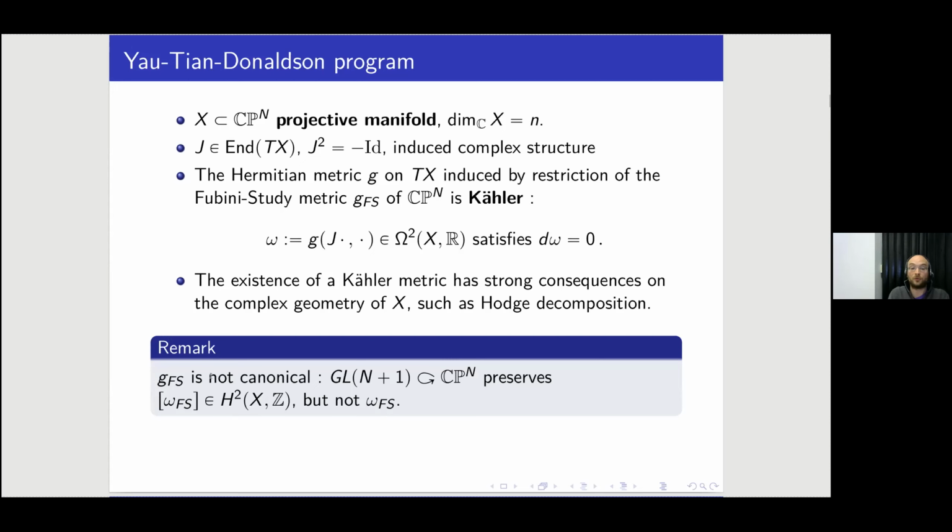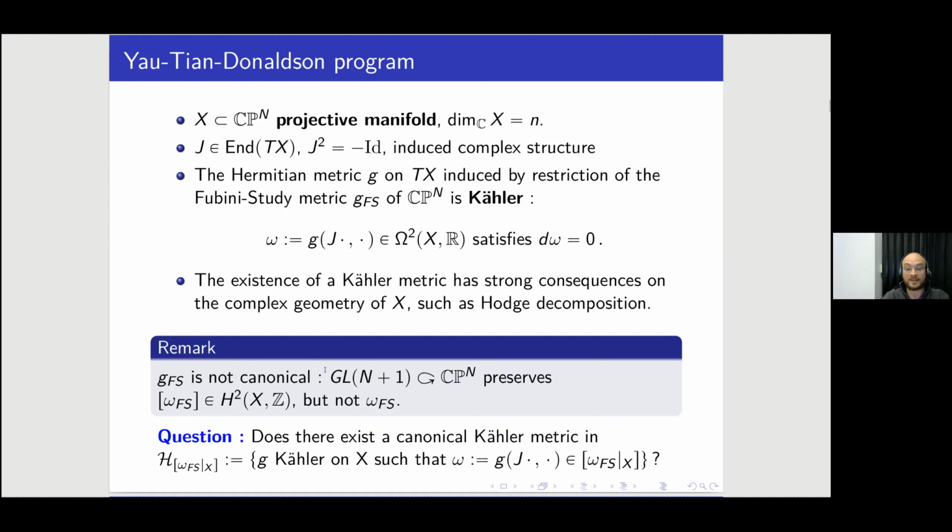So actually, you don't have one Fubini-Study metric, but a whole family parameterized by GL_{N+1} up to U_{N+1}. And the same is true in particular for the restriction to X.